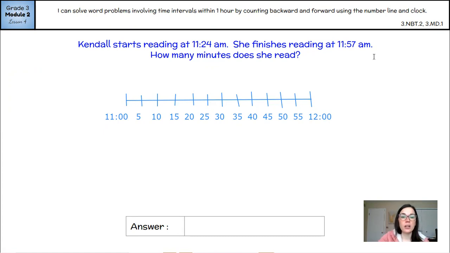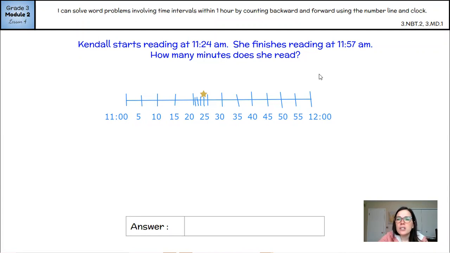So she starts reading at 11:24. So I'm going to go 11, 11:05, 11:10, 11:15, 11:20, 1, 2, 3, 4. There's 11:24. So I'm going to mark it with a stamp.